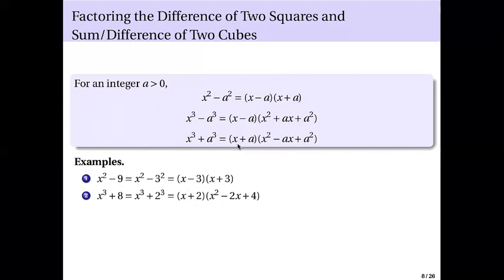We have x plus a, so that's x plus 2. Then the square of the first term, that's x squared. Since this is plus, the other one here will be minus the product of the two terms, so 2 times x, and then the square of the second term, that's 4. So this is the complete factored form of x cubed plus 8.